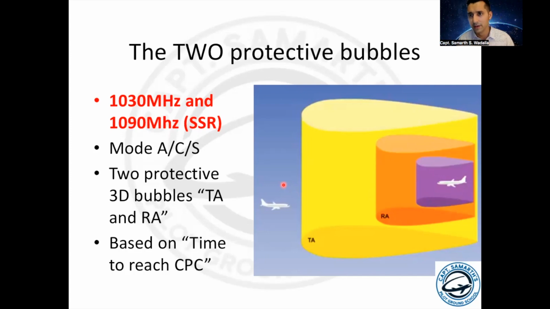It's fairly easy to assume that if an aircraft enters your 25 nautical mile bubble, you will get a traffic advisory, and if it enters your resolution advisory bubble, you will get a resolution advisory. While that may seem true, it is not.